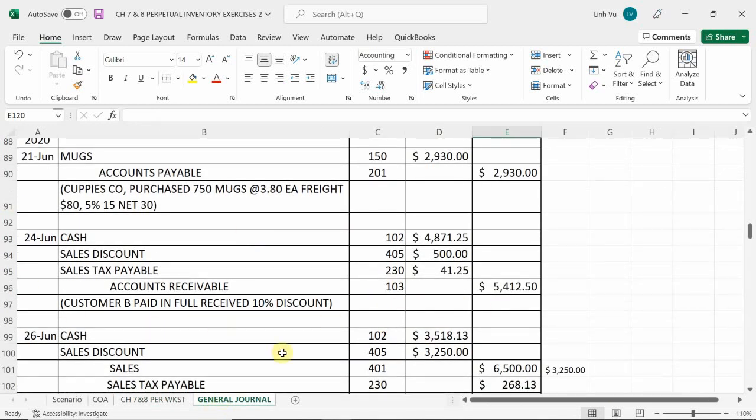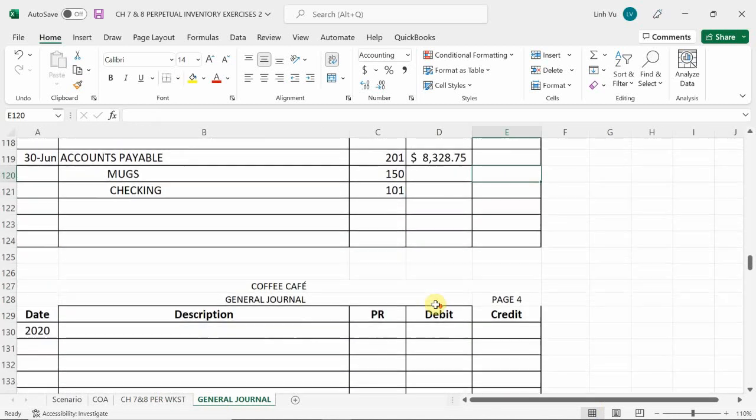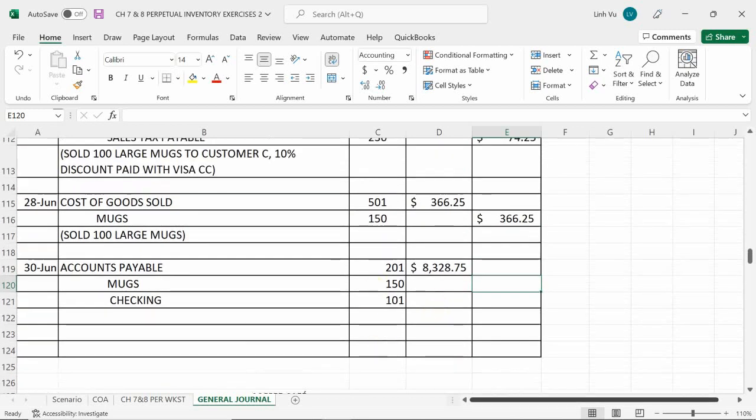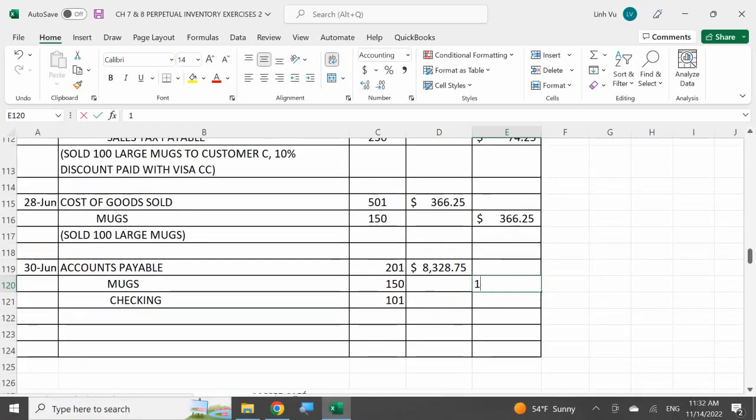So here's your discounted amount of $142.50. How much am I going to make a payment for? You're going to cut a check for $8,186.25.